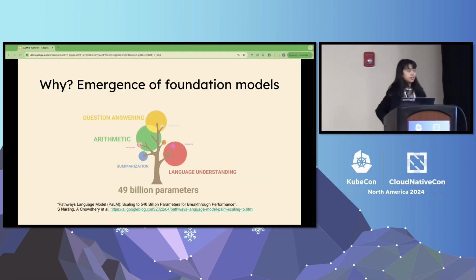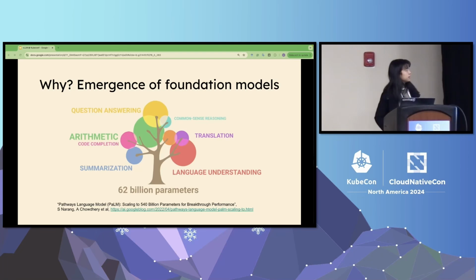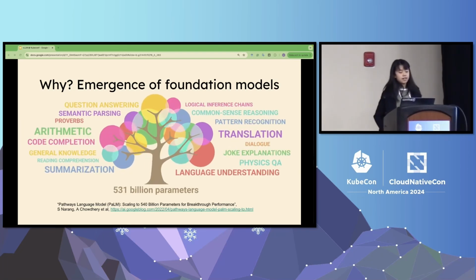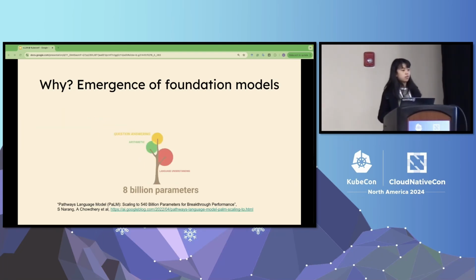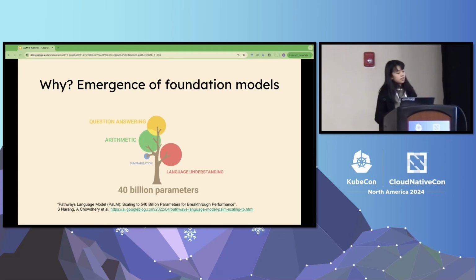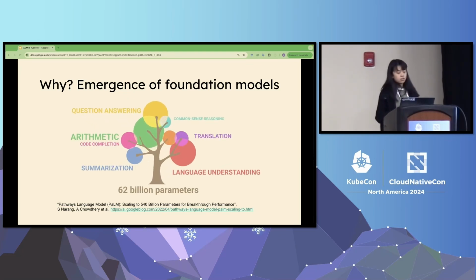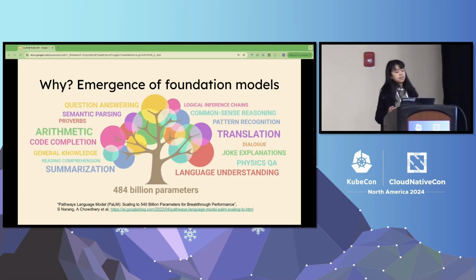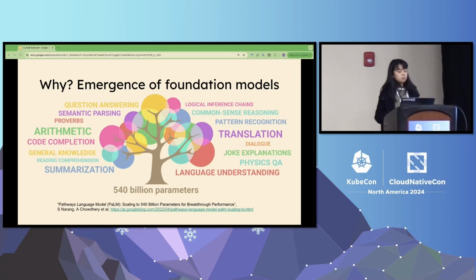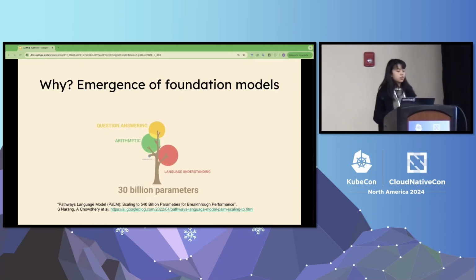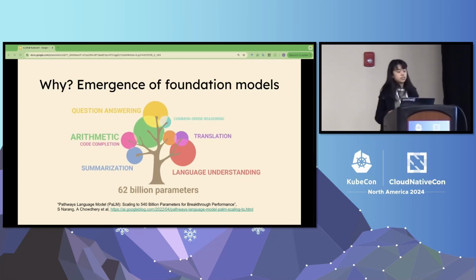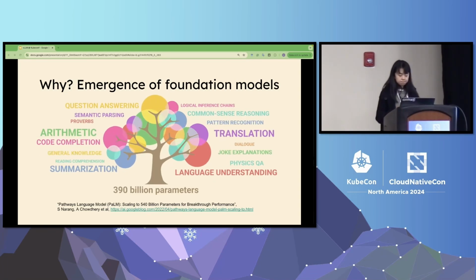So as we can see here, small models have limited capabilities in areas like question answering or arithmetic. However, as models grow larger, not only do their question answering and arithmetic skills improve, but they also begin to demonstrate additional abilities, such as summarization and code completion.